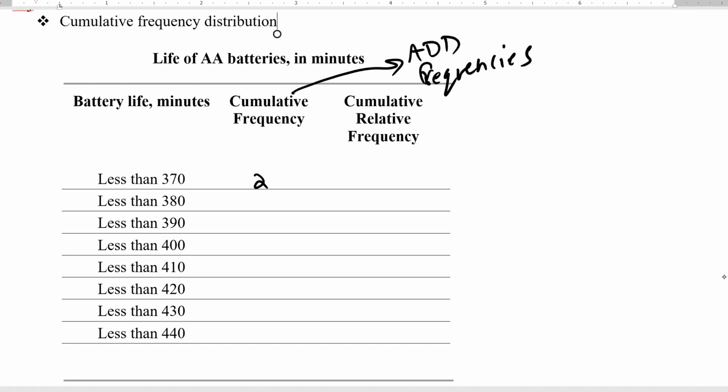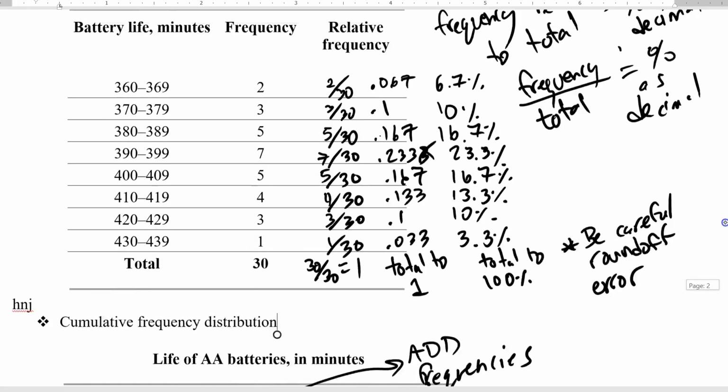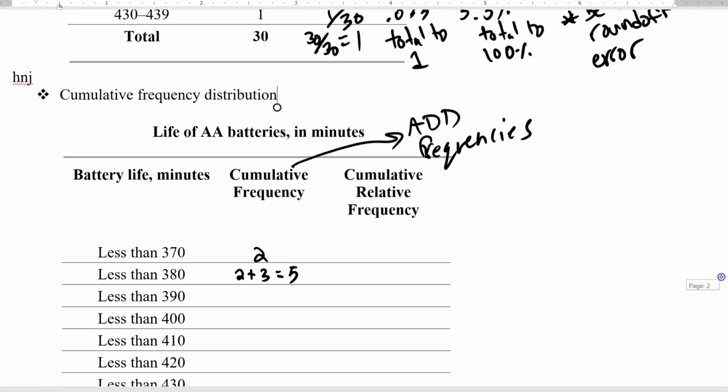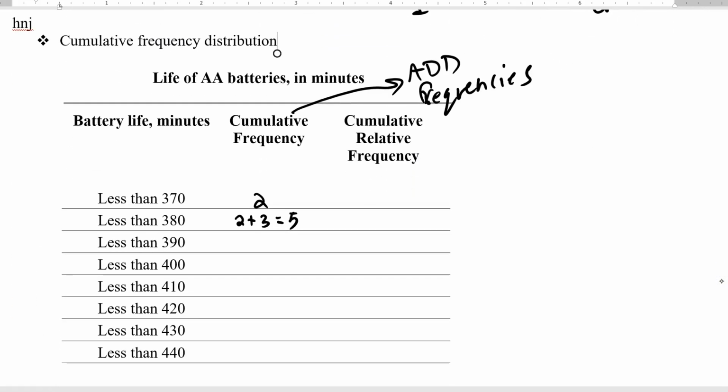So to accumulate, to add to that point, we would add 2 plus 3 is 5. You add to that point. The next one would be 2 plus 3 plus 5. We're accumulating all the frequencies up to that point. So 5 plus 5 is 10.